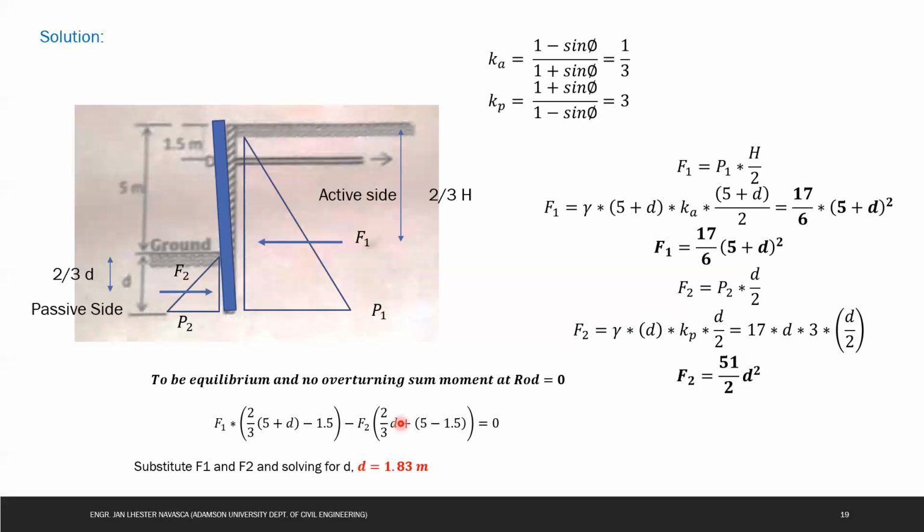If you recall your numerical solution, it starts from initial points. So the closer your initial point is to the final answer, the faster it solves for the unknowns. Okay? So this will be your solution for the unknown depth D.